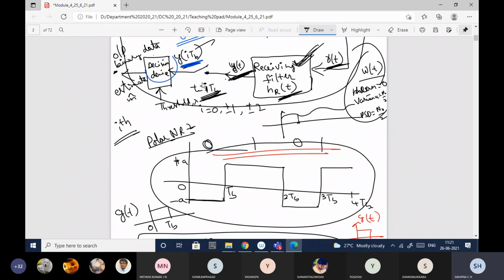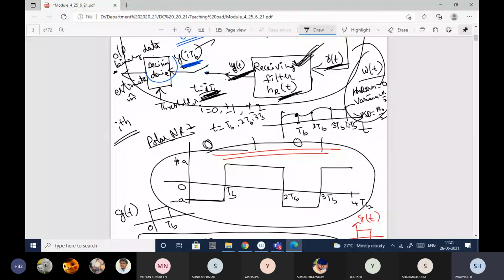So I need to sample it at t equal to iTb. That means I need to sample at t equal to Tb, 2Tb, 3Tb, like that, and take only those values. This is my Tb, this is my 2Tb, this is my 3Tb value, this is my 4Tb value.